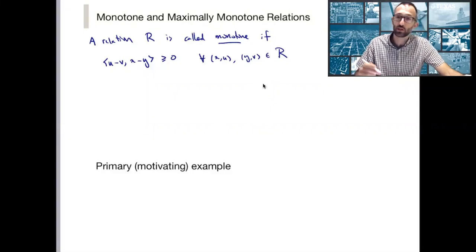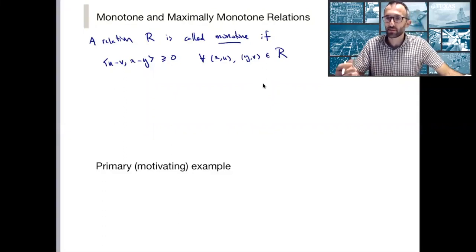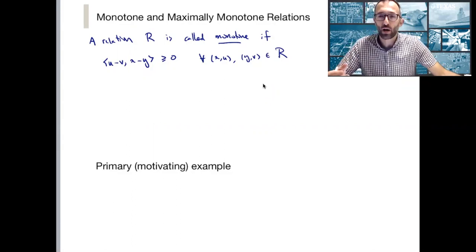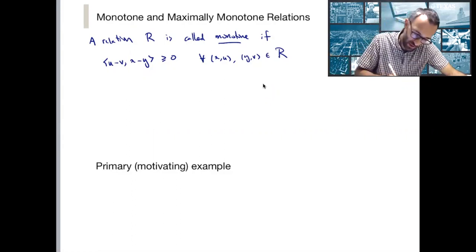And a relation is called maximally monotone, and this is where it helps to think about a relation as being a subset of Rn cross Rn, if inclusion-wise it is the largest, if it's not contained in some other monotone operator.